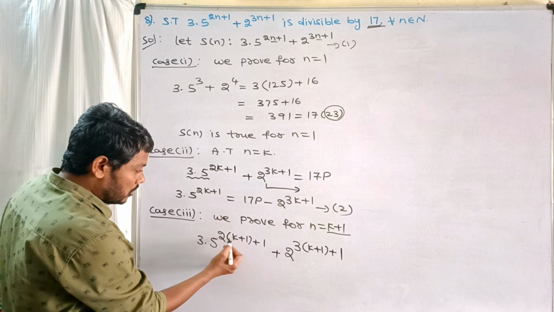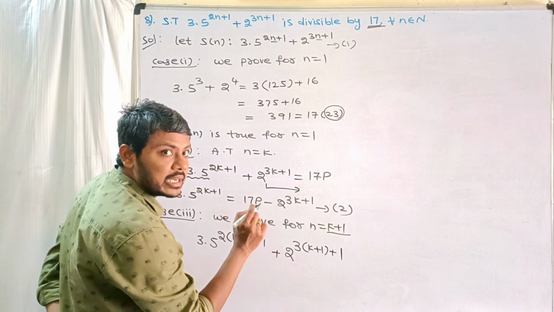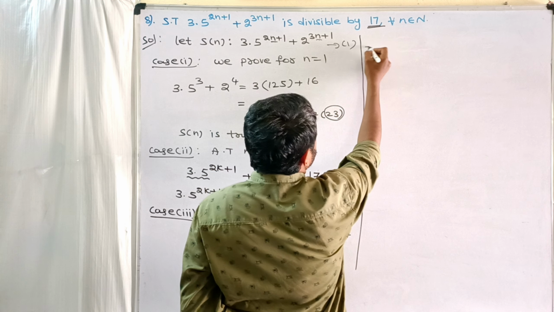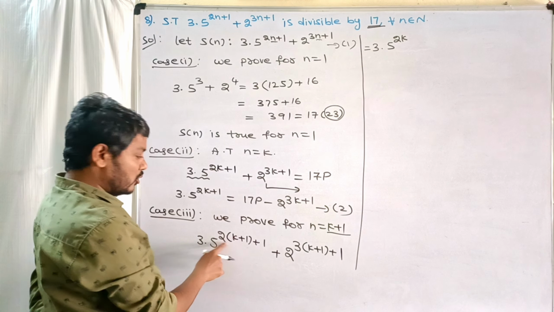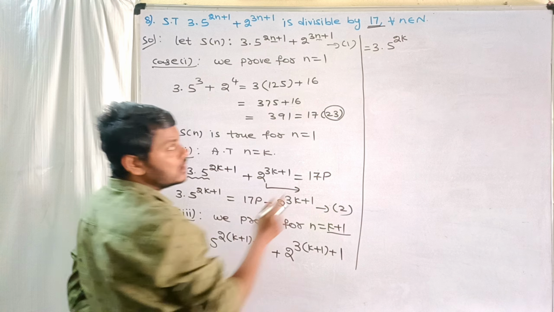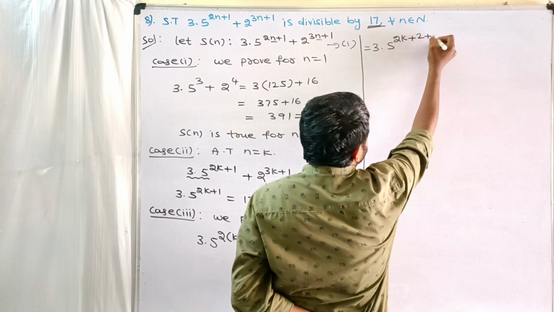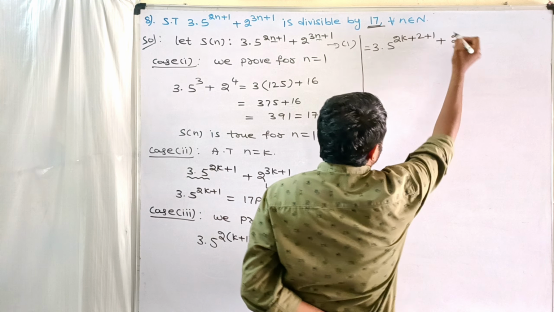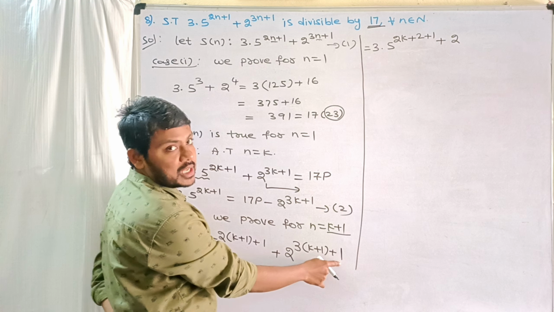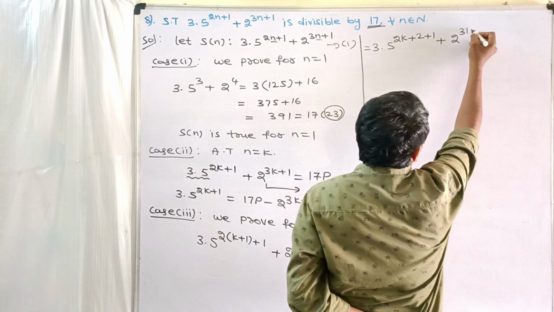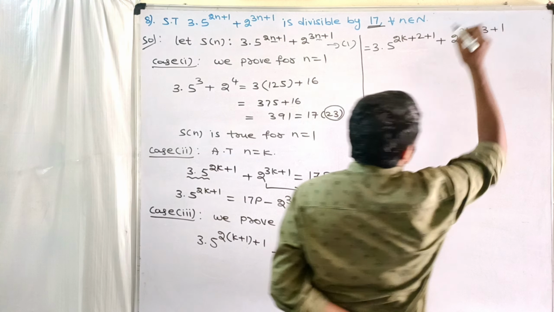Now multiplying 2 inside of the bracket, 3 inside of the bracket. So what will you get? 3 into 5 power 2k, 2 into 1, 2 plus 1, plus 2 power, multiplying 3, 3k plus 3 plus 1.